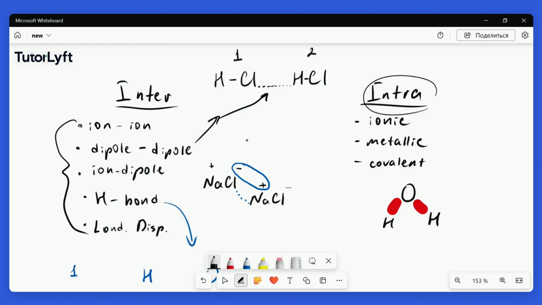Because chlorine is partially negatively charged and hydrogen is partially positively charged. About partial charges, it's a little bit different topic, so we can cover it during our sessions, and I can describe that concept in detail. So since this is negative, this is positive. Of course, we know that positive and negative get attracted to each other. And here we go. That's your dipole-dipole.